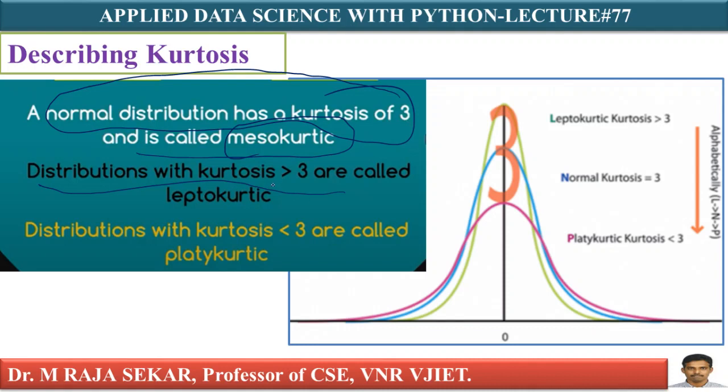Because the normal distribution's kurtosis is 3, and many real-time applications follow this normal distribution. That's why we compare other data sets' kurtosis with the number 3. If it is greater than 3, that is known as leptokurtic, isn't it? Yes. With a kurtosis value below 3, you will say that extreme events are less likely to occur than in a normal distribution.